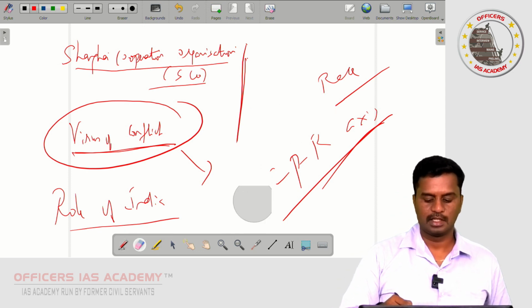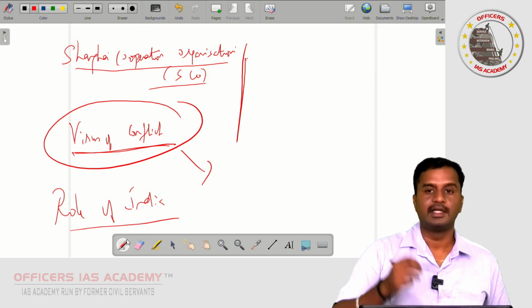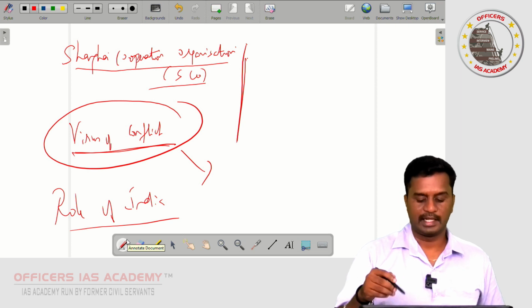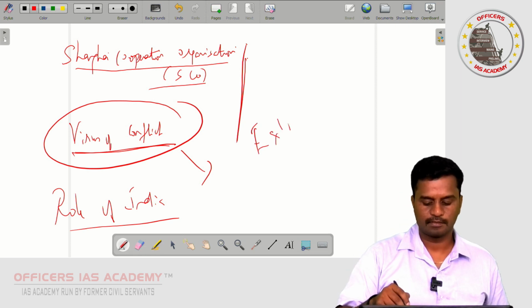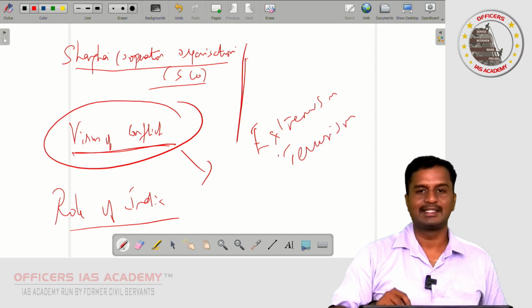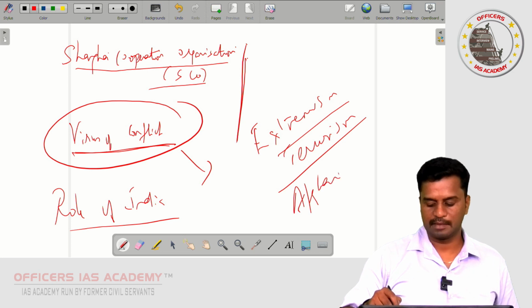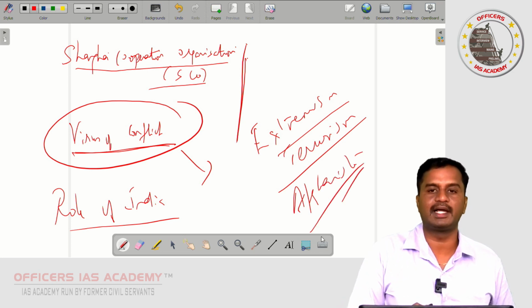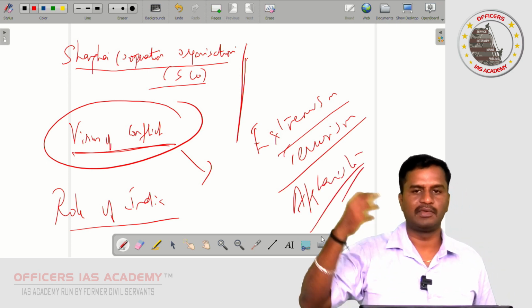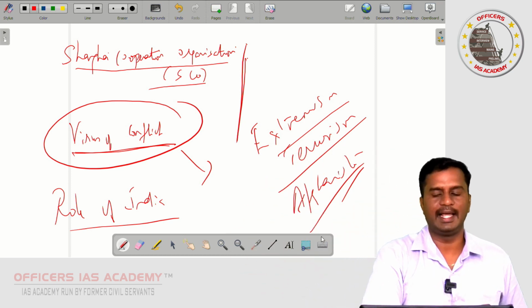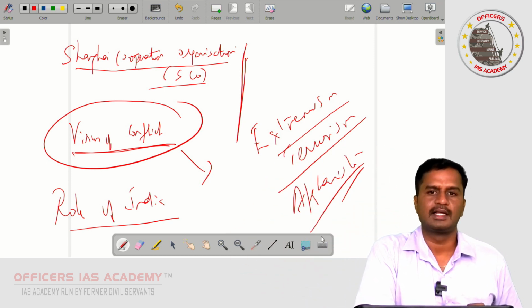Apart from this, other conflicts include the problem of extremism, terrorism. You can write about Afghanistan, a nearby state affected by political instability and terror. Now SCO has a stake in Afghanistan as well.